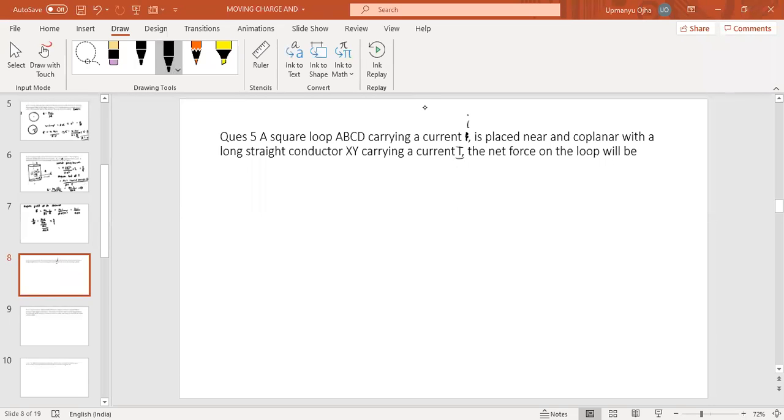Okay, so we have a square loop. Can you draw this figure here? Let us suppose this is square loop A, B, C, D. In this loop, the current I is flowing.